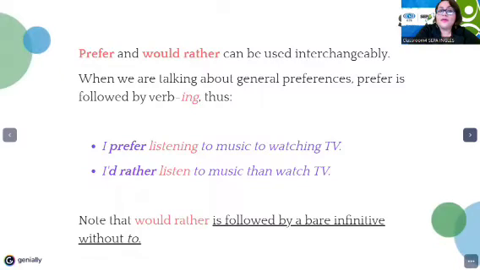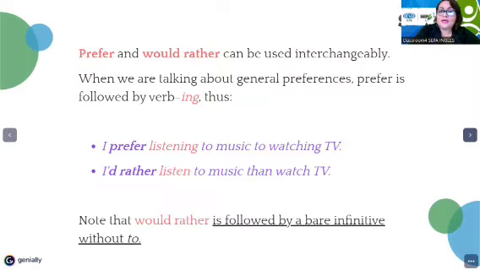Prefer and would rather can be used interchangeably. When we are talking about general preferences, prefer is followed by verb ing. Thus, I prefer listening to music to watching TV.